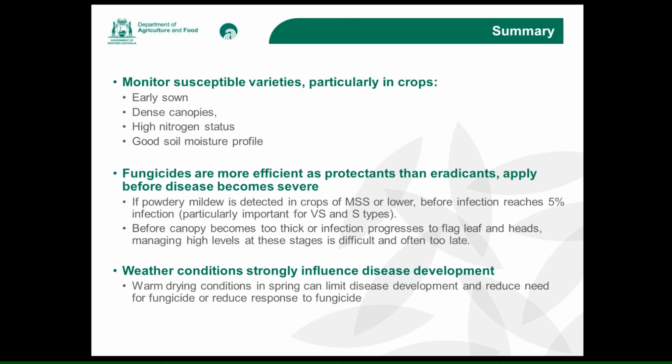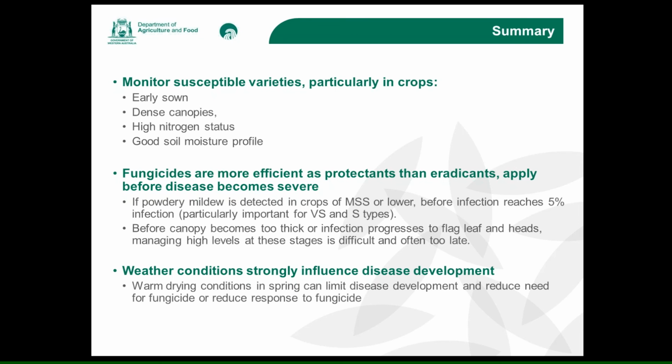So if you've got a crop that's MSS or lower, so Mace, Wildcatchem, Korak, Trojan, I've put here before infection reaches 5% infection. What I'm talking about there is, if it's about 5% of the leaf area in the canopy, it's a rough estimate, but basically if there's about 5% of the leaf area in the canopy that looks affected, that's probably a good warning that it might be time to think about acting, particularly in those VS and S types.